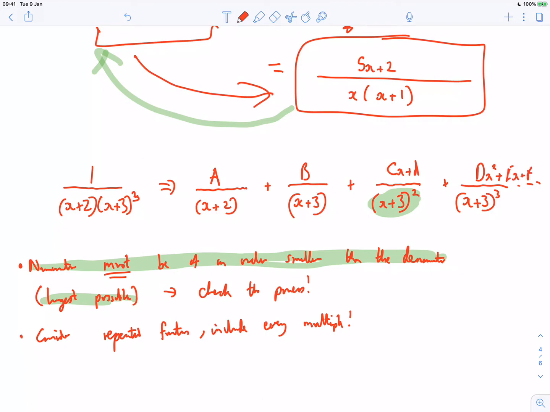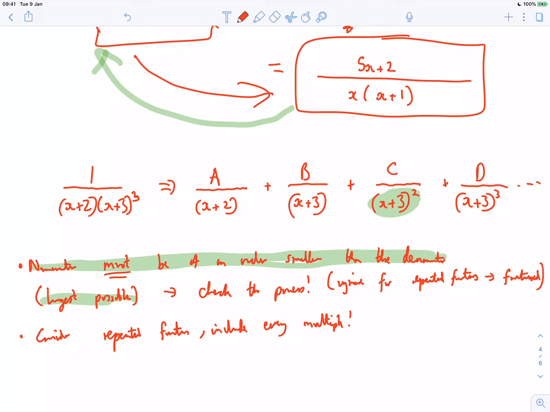Well, the special example is we're going to have to ignore that rule for repeated factors, and it should only be ones that can be factorized.